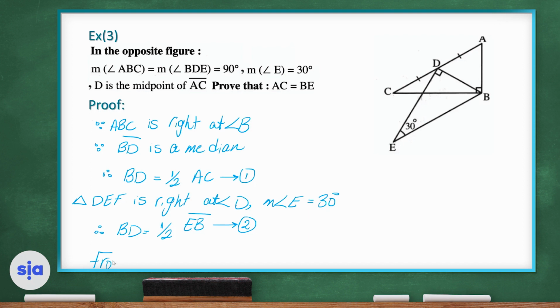From 1 and 2, we can tell that AC is equal to BE.